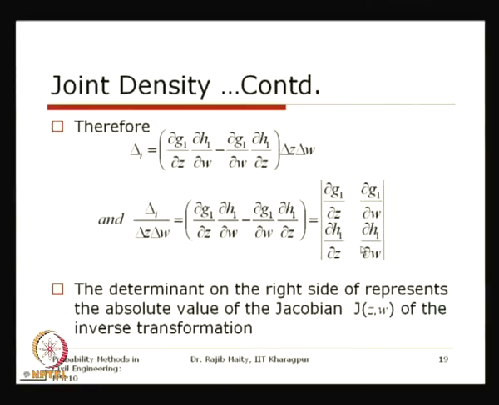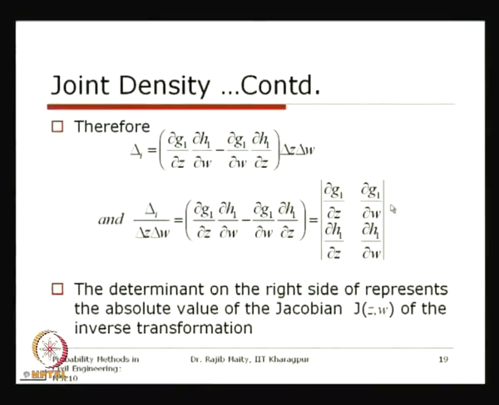If you recall, when we were interested in a single function, we got a similar Jacobian consisting of only one element, the 1 by 1 element dou G1 by dou Z, of the inverse function, and we used this determinant in the case of a single random variable.